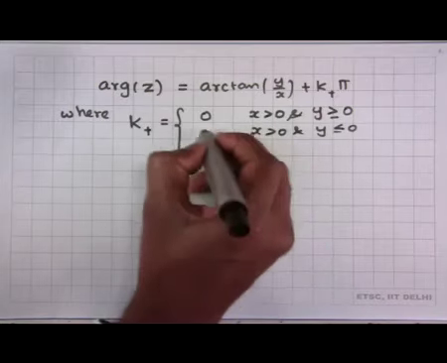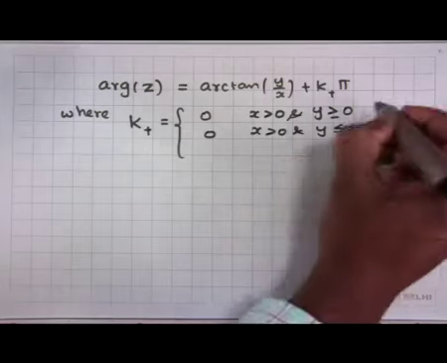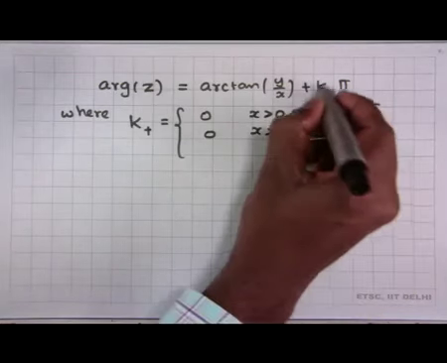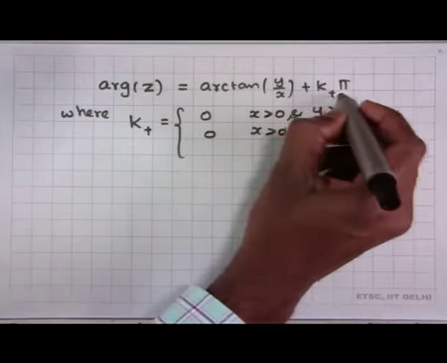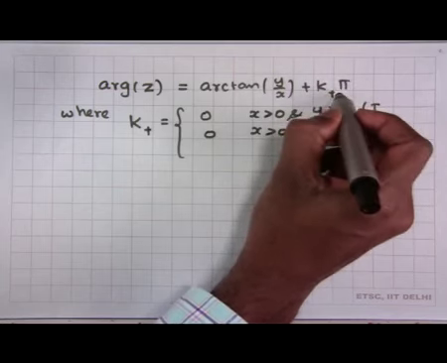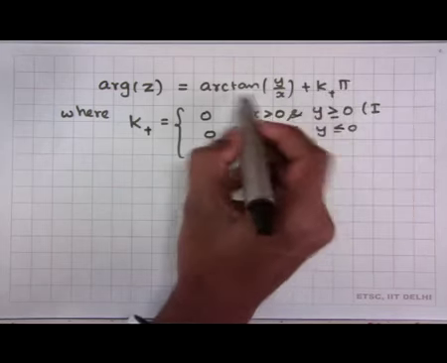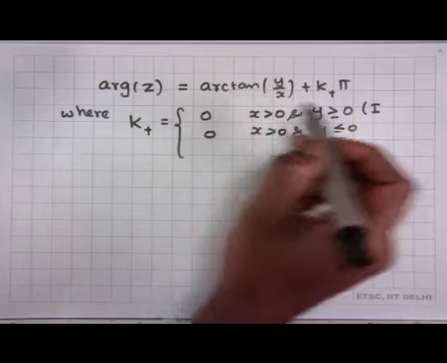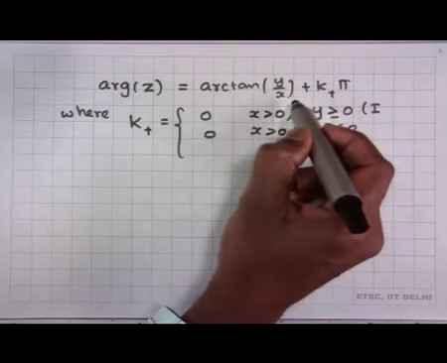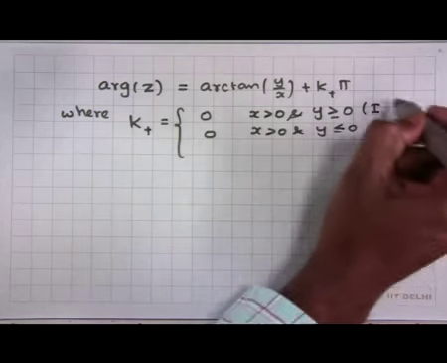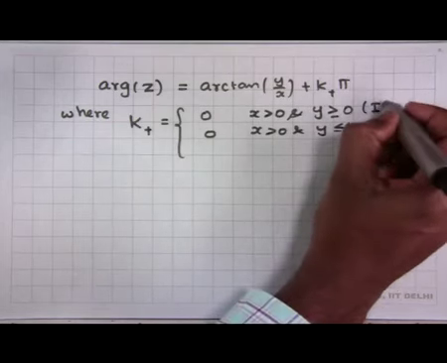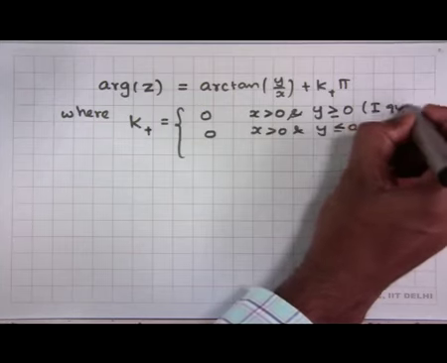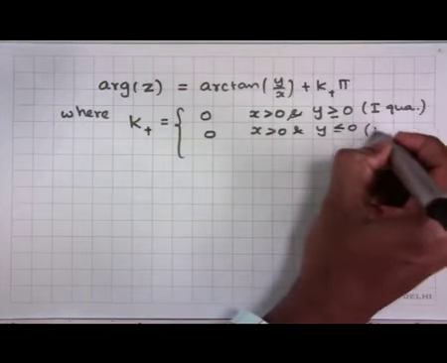For both cases we do not need to adjust k plus, because the arc tan inverse is going to give a value between minus pi by 2 and plus pi by 2, which covers the first quadrant and this is the fourth quadrant.